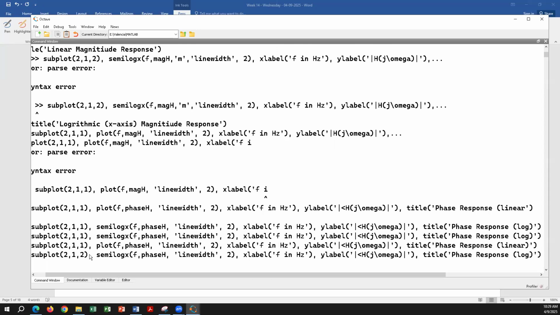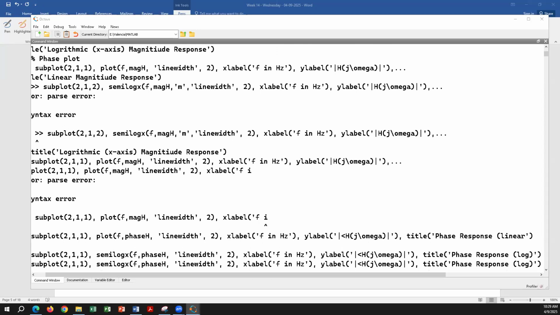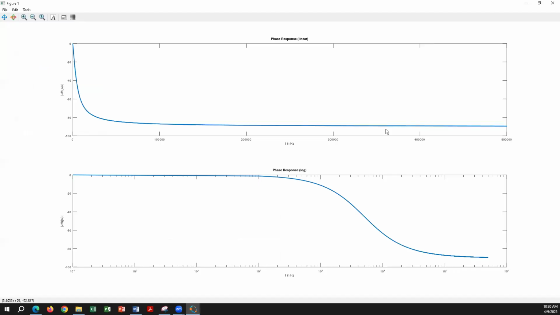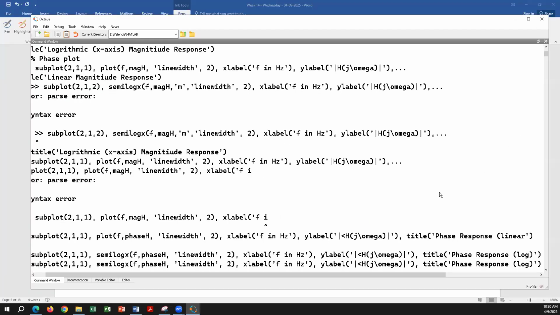2-1-2. So that's our phase plot right here, going from 0 degrees to 90 degrees. One other thing that is usually good is if we tighten up the axis, so it removes the white spaces. So let me show you that as well.